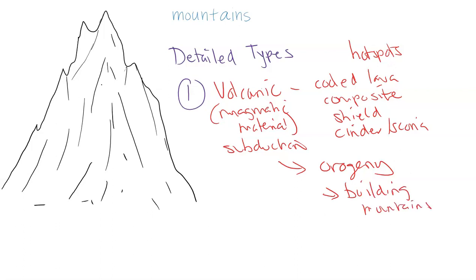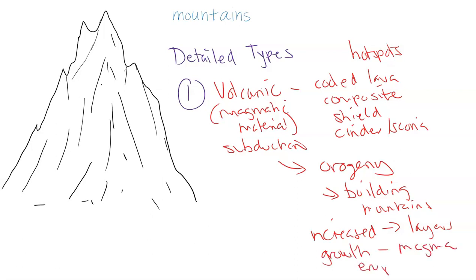And you have the addition or accretion of layers of cooled lava and ash, depending on the volcano, but you have the growth due to consistent magma and eruptions.